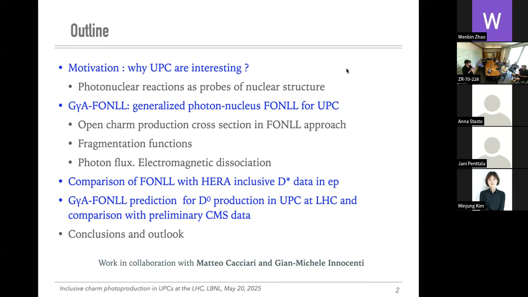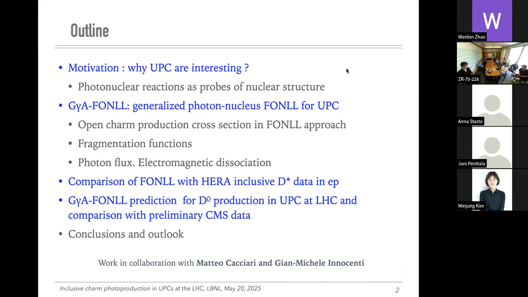Then I will briefly describe what we call the generalized photon-nucleus FONLL approach for UPCs. We took the FONLL approach developed by Frixione, Cacciari and Nason some years ago, and then we adapted it for UPCs.